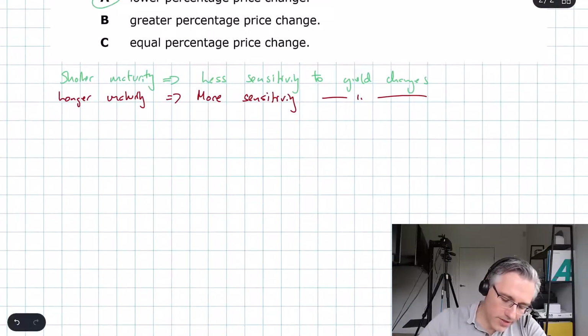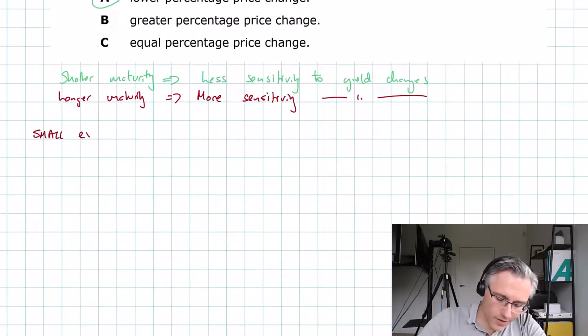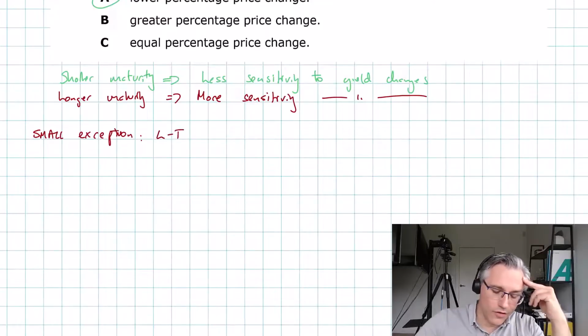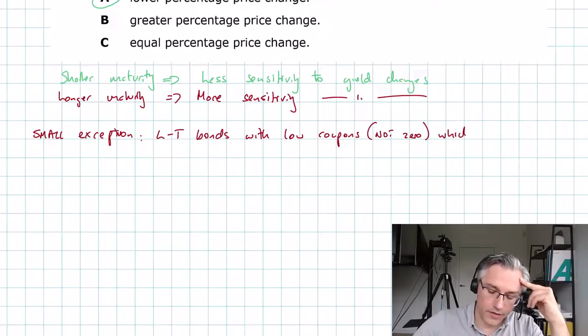Simply, let me just say that there is a small exception to this rule. I'm pretty confident this wouldn't be tested, but it is mentioned in your curriculum, so I am writing this down. Long-term bonds with low coupons, but not zero, which trade at a discount.